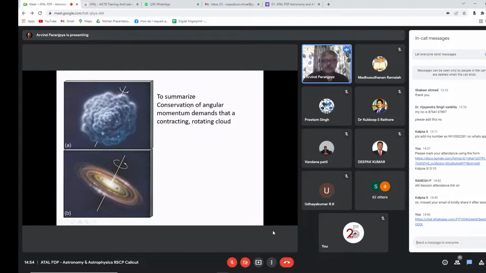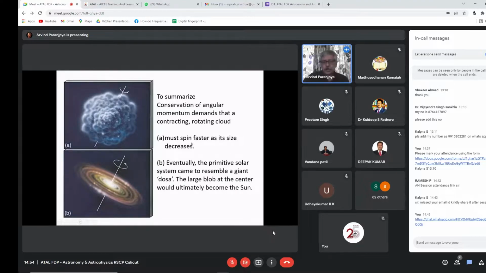Conservation of angular momentum demands that a contracting and rotating cloud must spin faster as its size decreases. Second thing is, eventually a primitive solar system comes to resemble a giant dosa, and then a large blob in the center would ultimately become the sun.